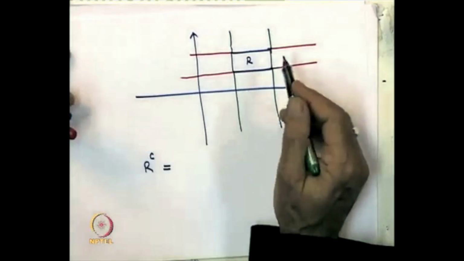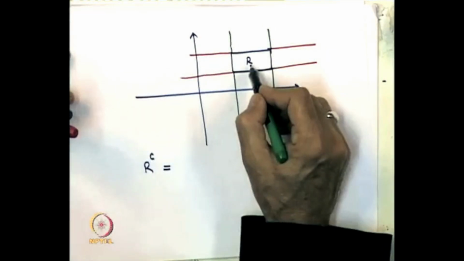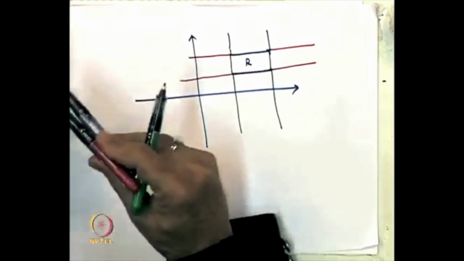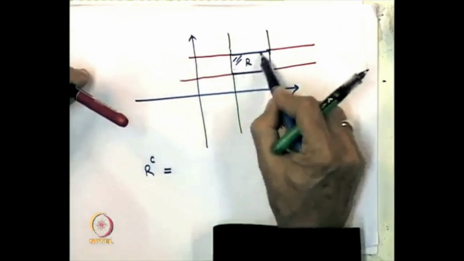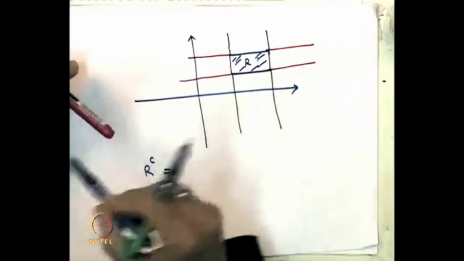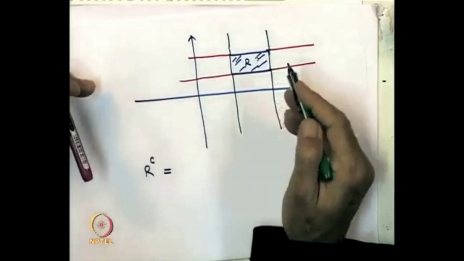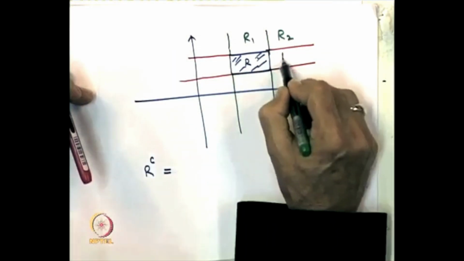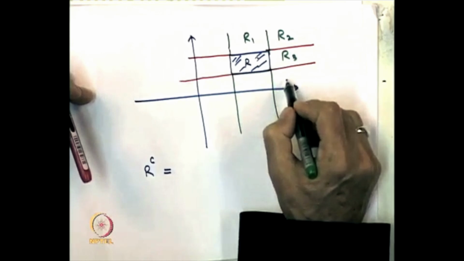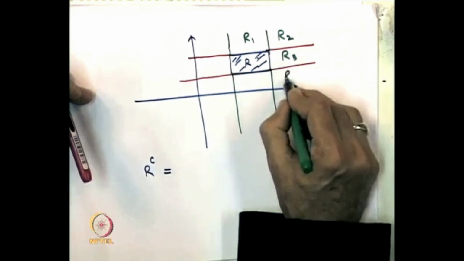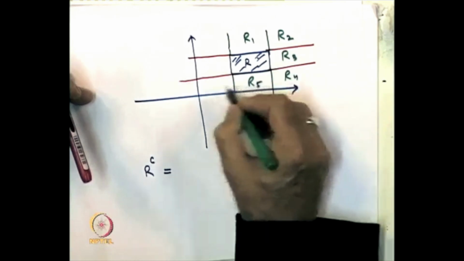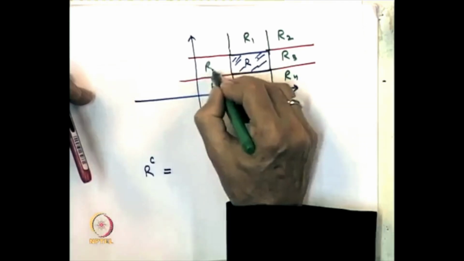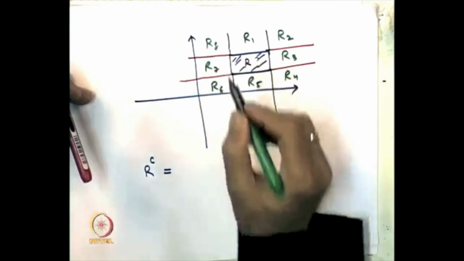Then it's quite clear, this was the rectangle R, and its complement is nothing but a rectangle R1, a rectangle R2, a rectangle R3, a rectangle R4, rectangle R5, R6, R7 and R8.